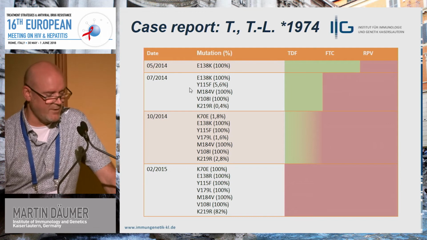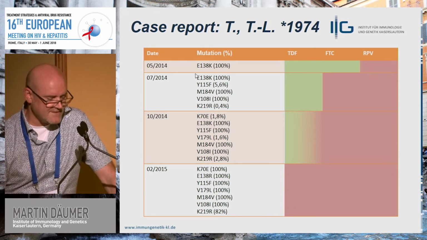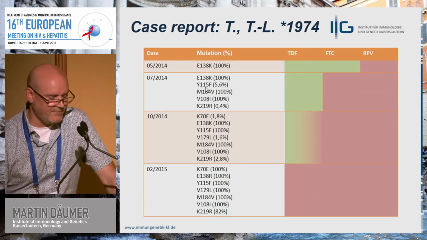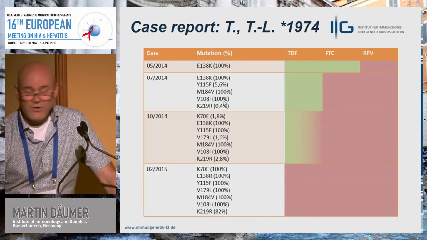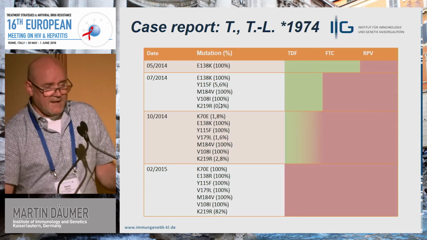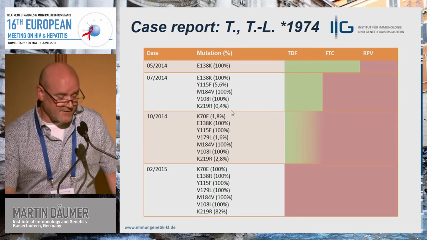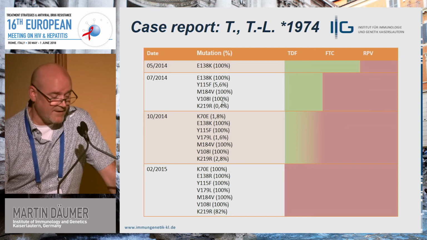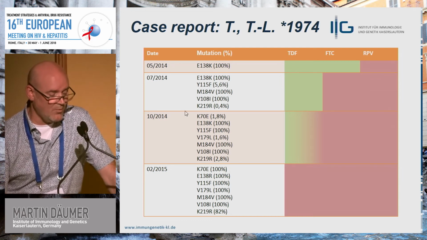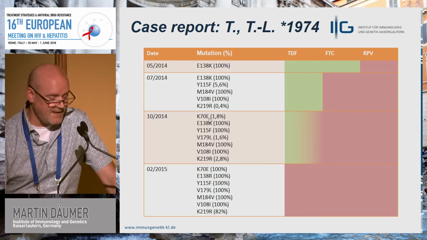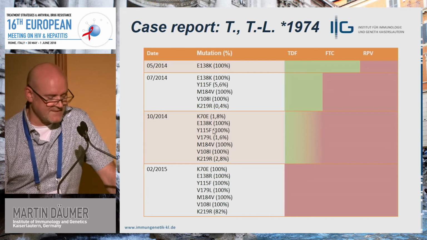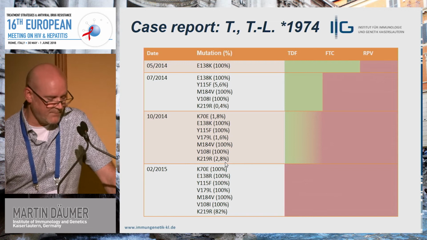So just 2 months later, the mutation is still there, but you see there's the 150F mutation as well as the 219R, which is, of course, somewhere in the noise, in the background of the sequencing, but it's already detectable. So, once again, 3 months later, there's the K70E additionally, and right now the 115F is present at 100% and the 219 mutation at 2.8%.